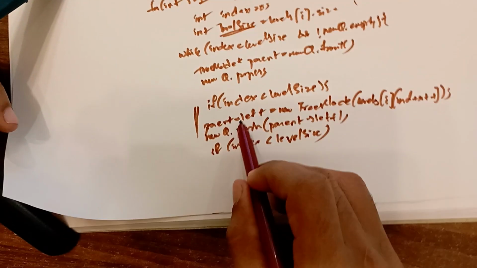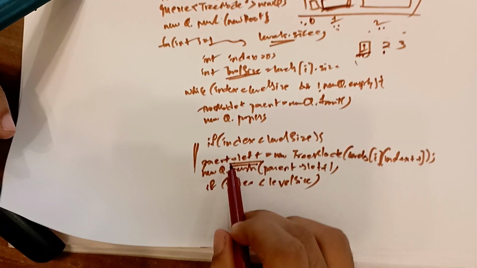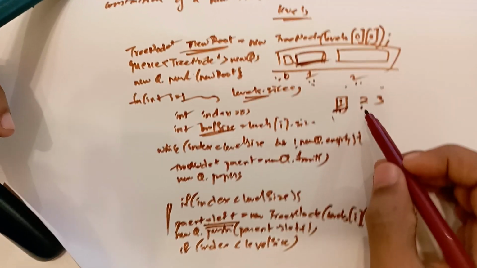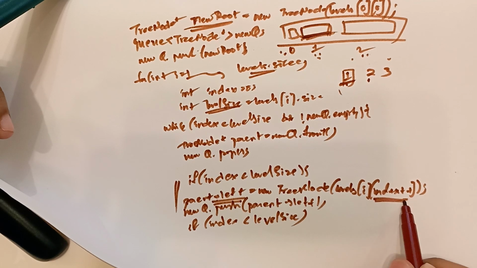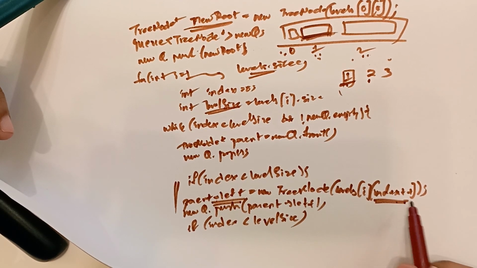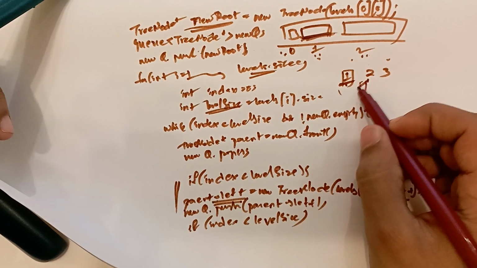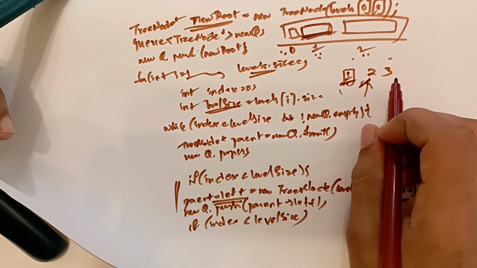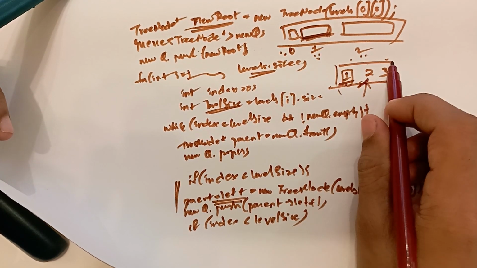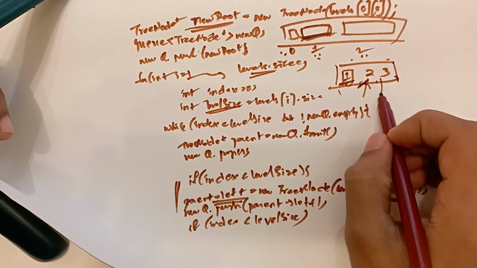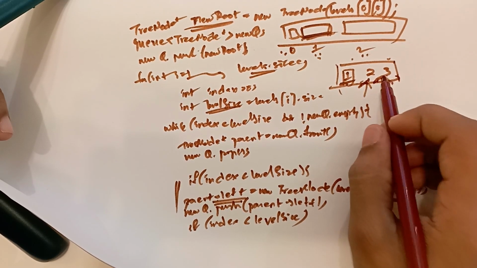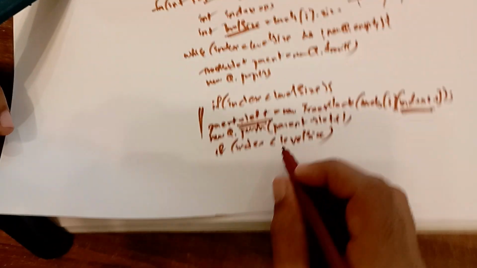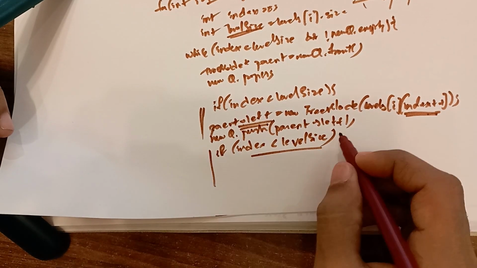That means we need to go through the construction of left, and index plus plus, and even if that is not equal to the level size, we need to take another element for the right.